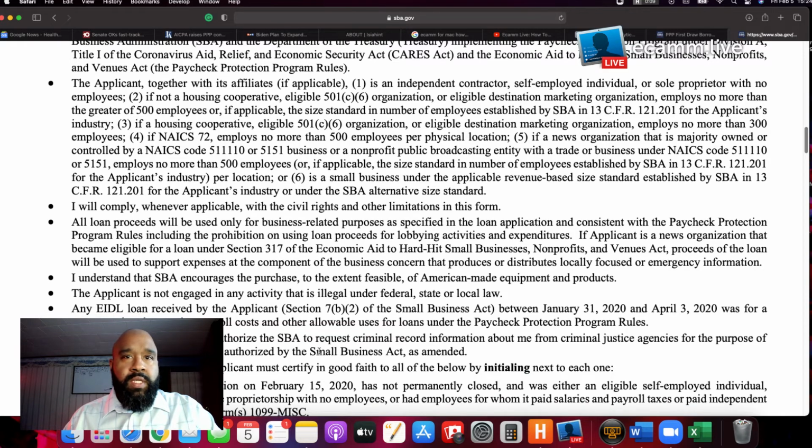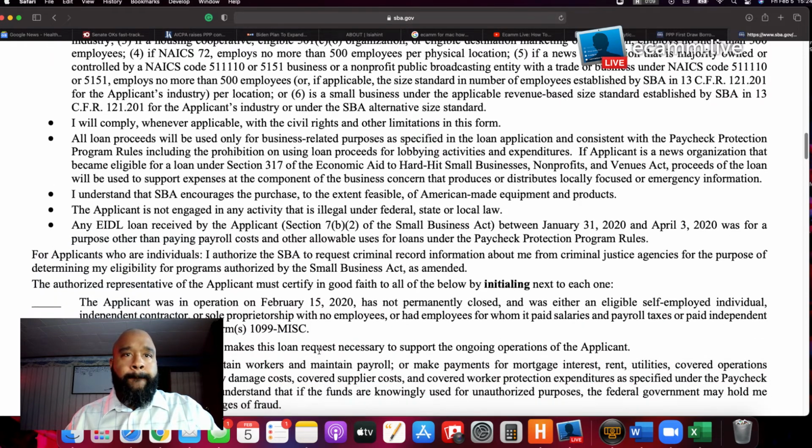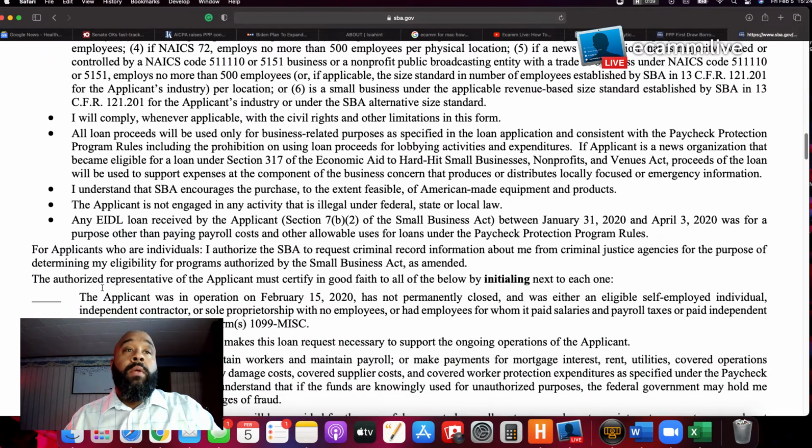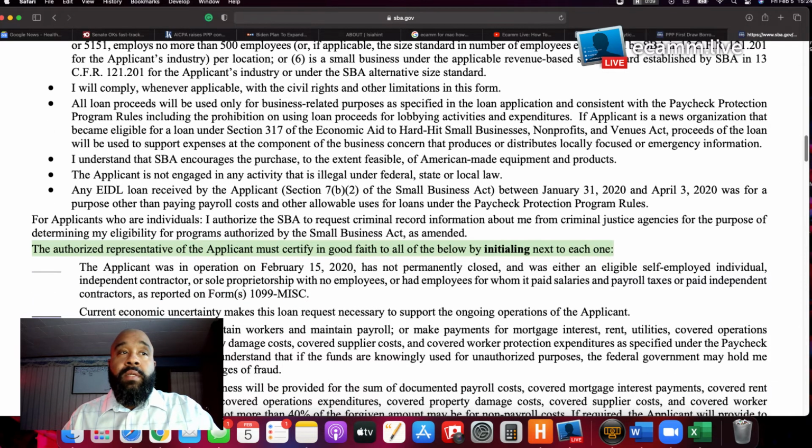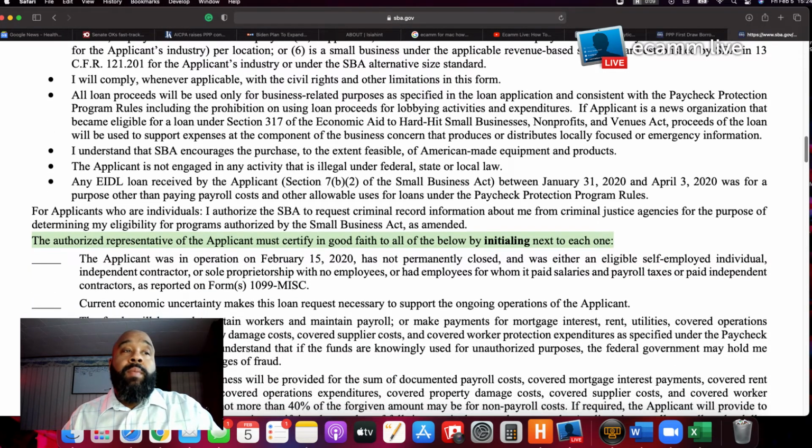I'm just scrolling to see if I missed anything. So again, after you read all that stuff, you need to put an initial, because they want to take extra special precaution that you are not defrauding. So every time you initial these, you are going to be held accountable that you initialed that you were in business as of February 15th.